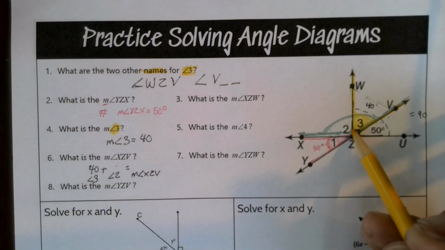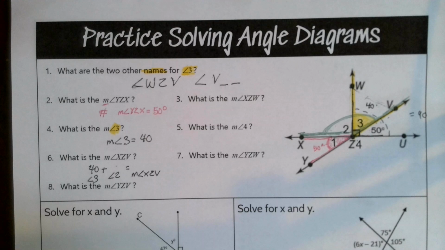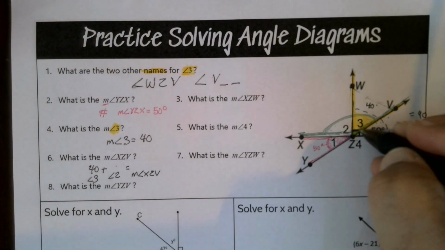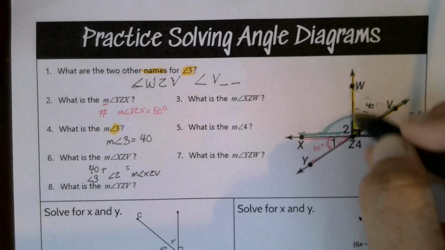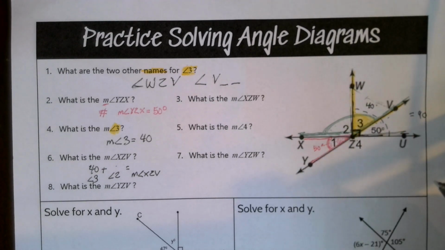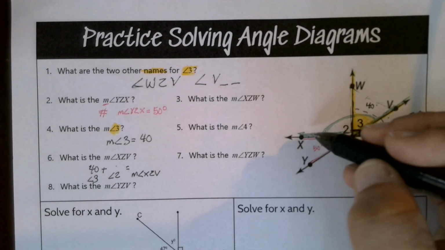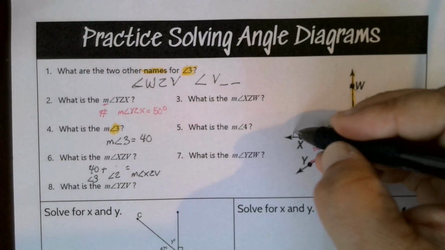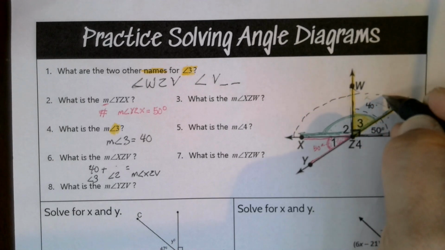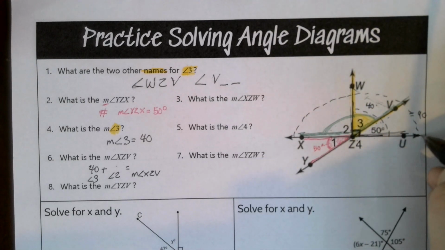Alright, so here's a good thing to be aware of. We know that this part is 90 degrees. See this 90? That means that this half of our angle is 90 degrees. From here all the way to the other side is a straight line. If I go from here all the way over here, it's a straight line.